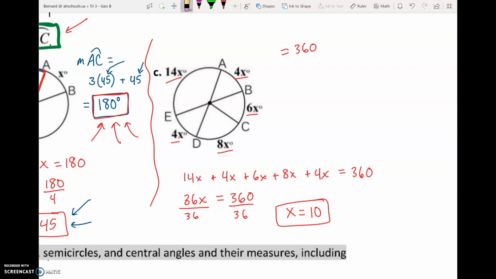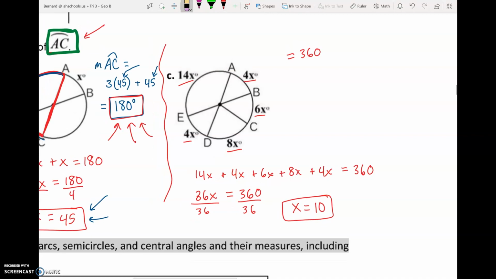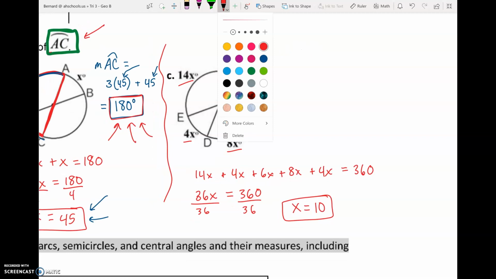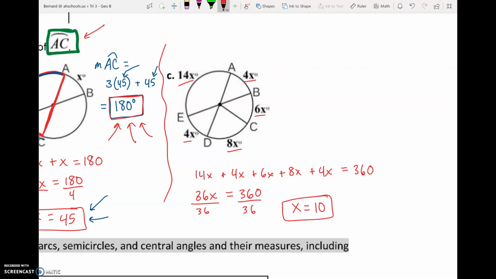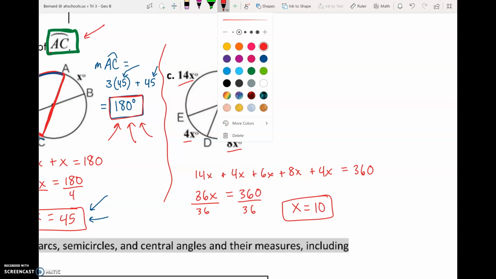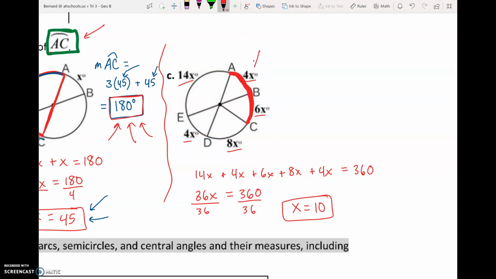Now, lastly, they want us to find arc AC one more time and get rid of that 360. Let's figure out what arc AC is. So from A to C, the short way, it's a minor arc AC, right? And so AC is the 4x section and the 6x section. And so we need to add them together to get the total of AC, and let's plug our 10 in for x.